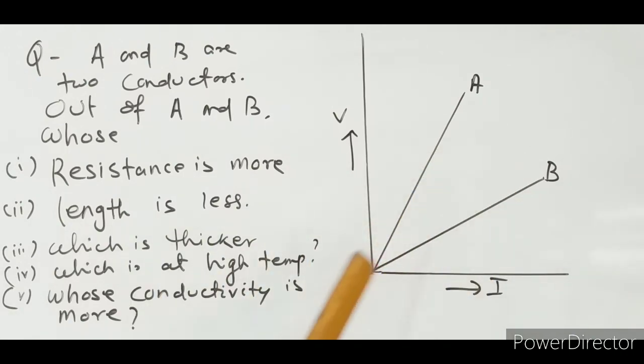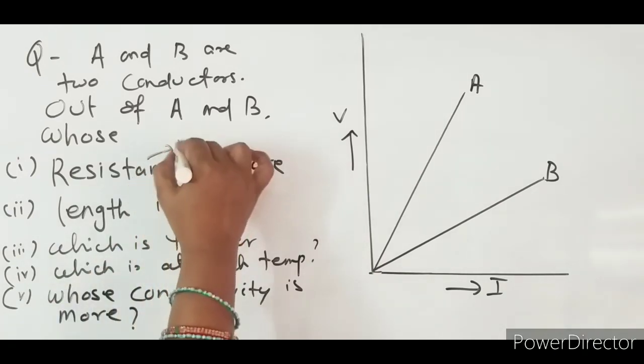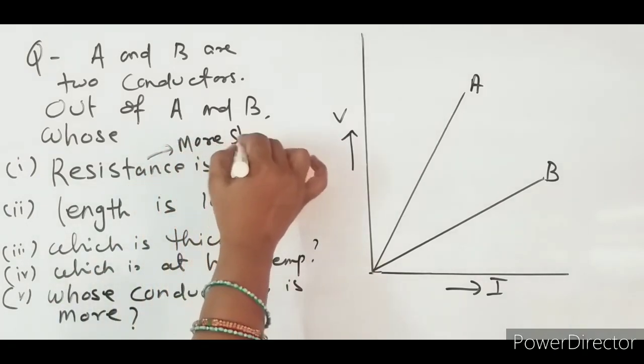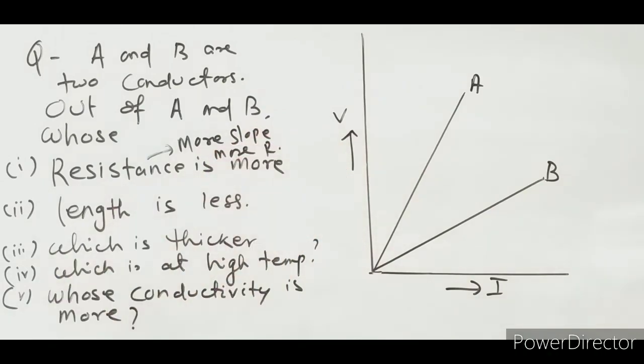Here we have to answer these questions. Whose resistance is more? To find out, whose slope will be more, that resistance will be more. More slope, more resistance. Yes or no?